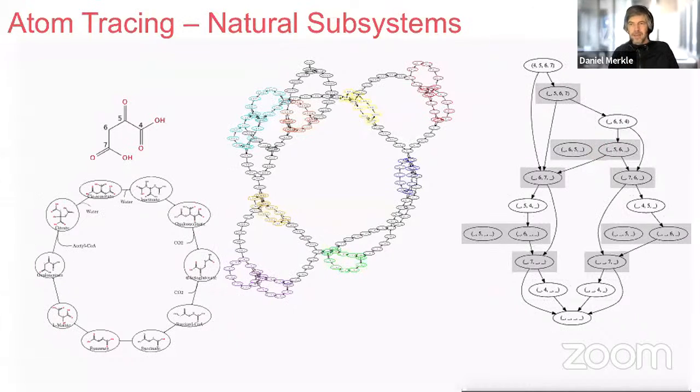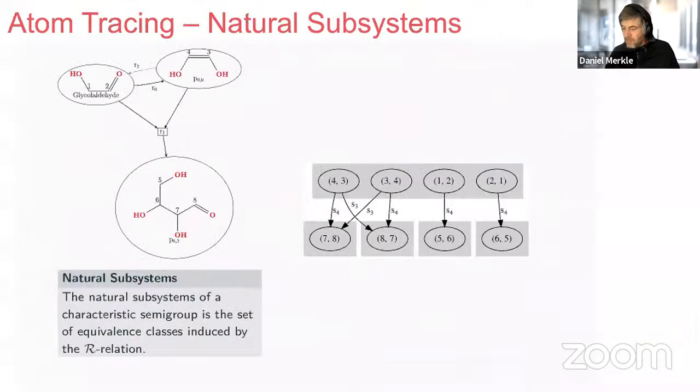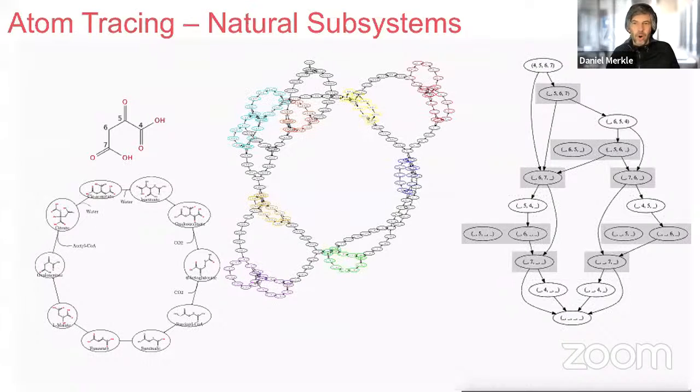And of course, people like Eric, who is also listening, would immediately say, no, that's not possible. That's not true. And he's absolutely right. That's not true in the real TCA cycle. And that's the point I wanted to make. If you model this on a graph theoretical level only, then this would, of course, be true. But chemistry is more complicated, right? And some of these reactions, actually in this area here, are stereospecific.